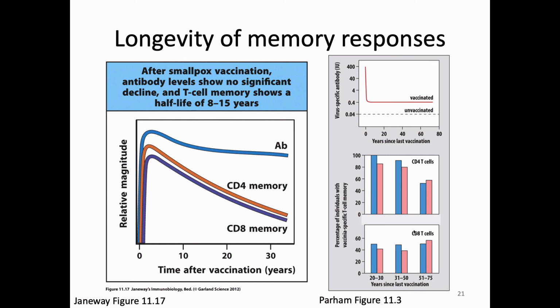You can imagine it's probably pretty hard to do those experiments because you have to find people who got vaccines 75 years ago who have a record of that, who are also still around and are willing to give you blood and let you do this experiment. It's not an easy thing to do, but the data suggests that memory cells can live, or at least can be replicating and producing progeny out to at least that long following infection.